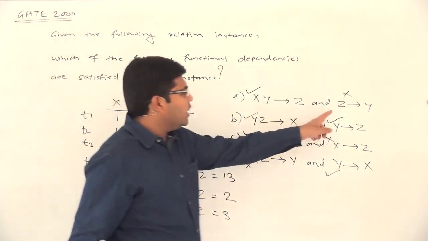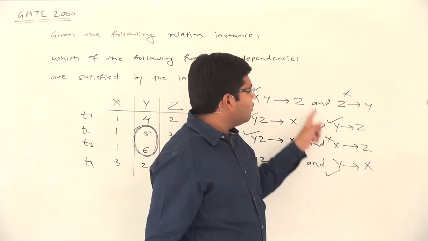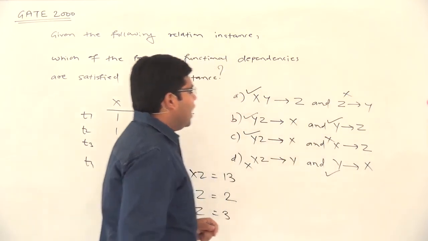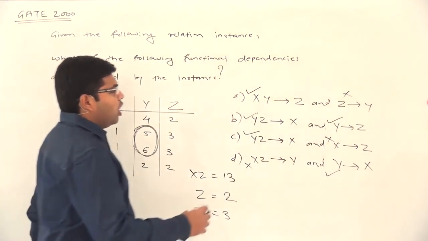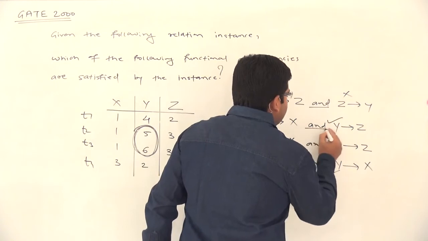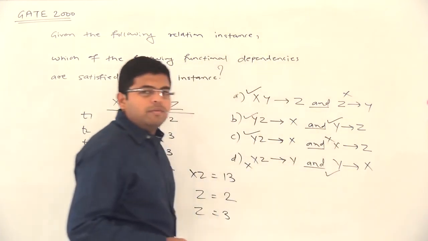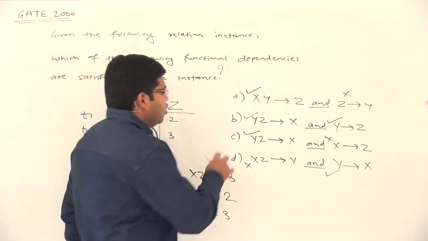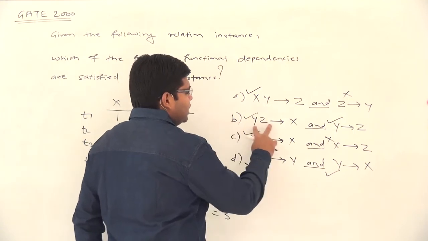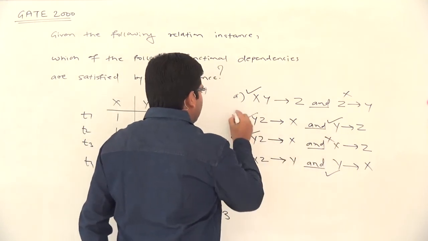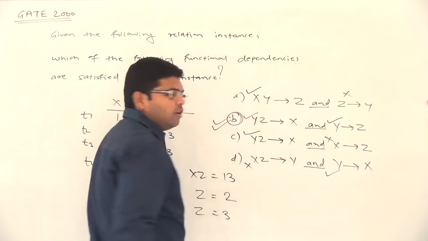So from Z you cannot determine the unique value of Y, and that is why this particular FD will be invalid. Because all the options have AND, only the option where both the FDs are valid will be correct, and only option B has both FDs valid. That's why option B is the correct answer for this question.